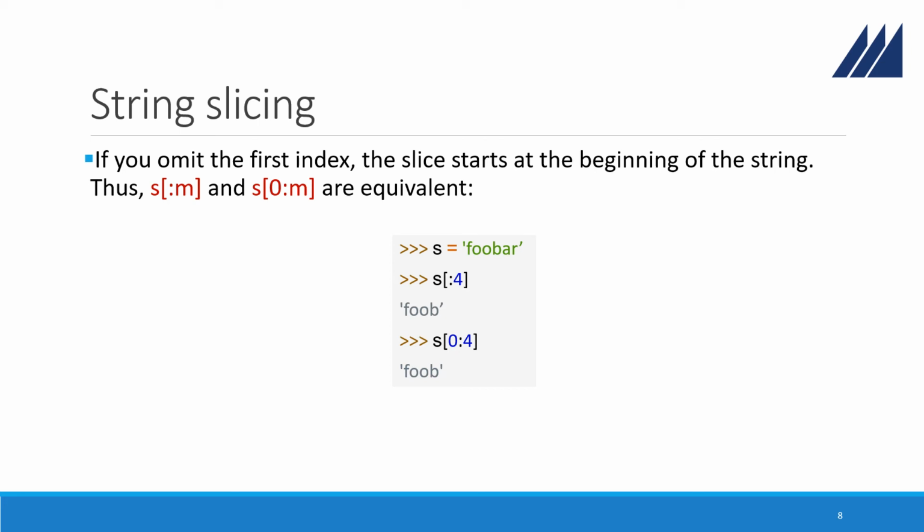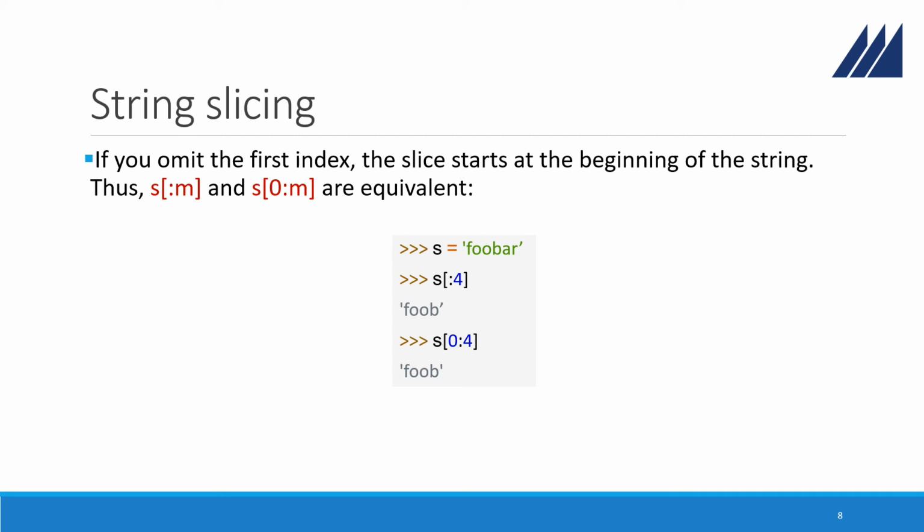So as you can see from these two slices, the result should be the same. I said slice S starting from blank colon M. It's going to start from index 0 all the way to index M without including that character. It's very similar to saying start from 0 all the way to M.